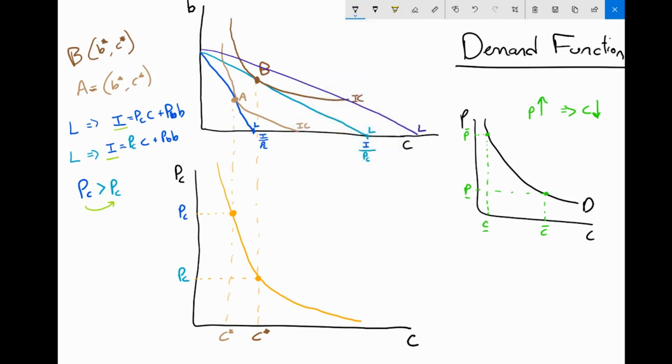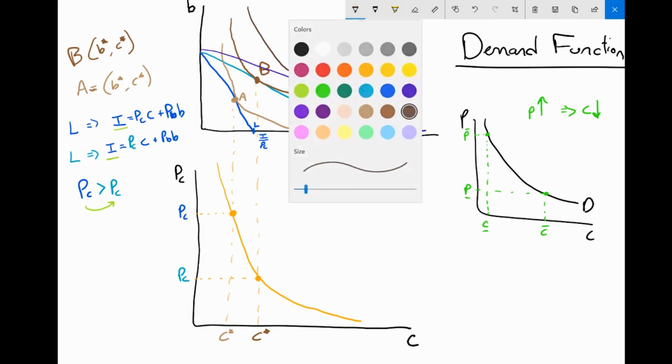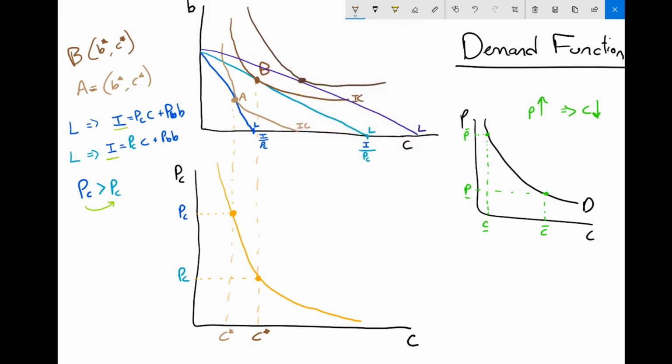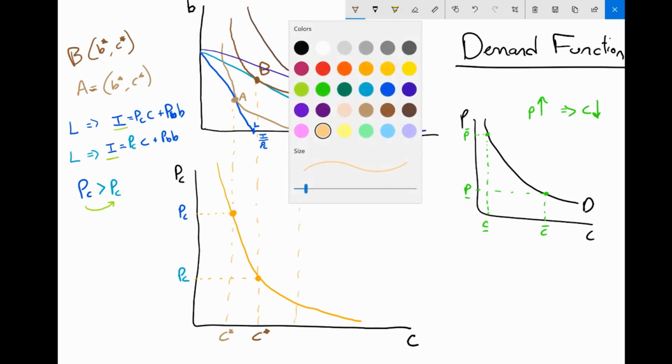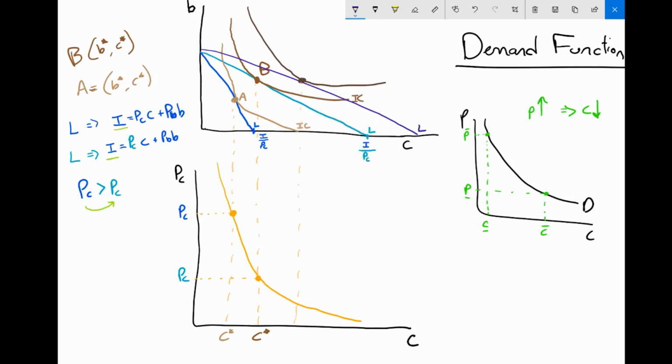What we would end up getting is another indifference curve that has more coffee, and we could chart this down here, where the price is even lower. The price is all the way down here, and so the consumption of coffee is even bigger, up here at C star. And so what we get is this downward sloping demand curve.